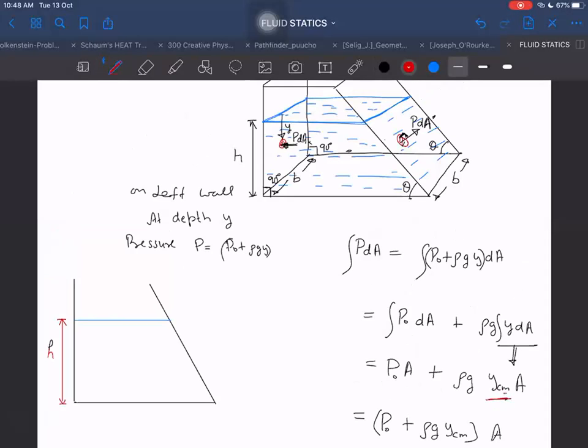Here it is center of area actually. It is the center of which area? It is the center of the left wall area, up to H only, and that is H by 2.